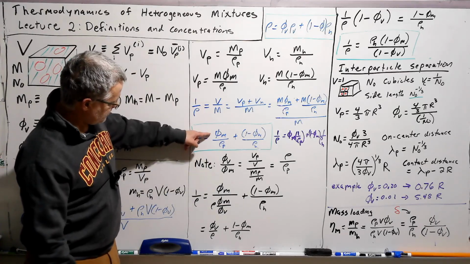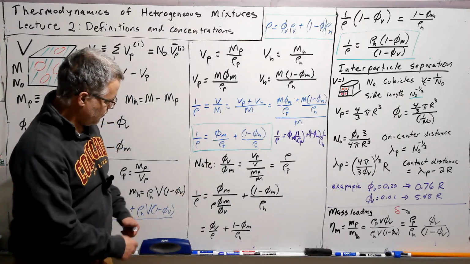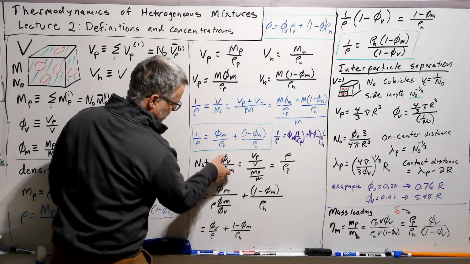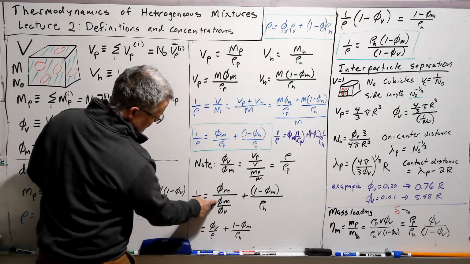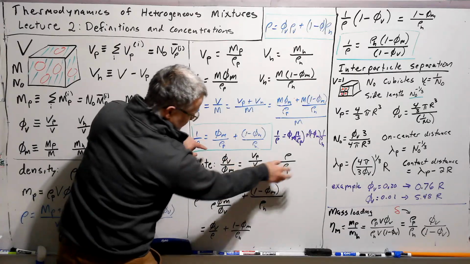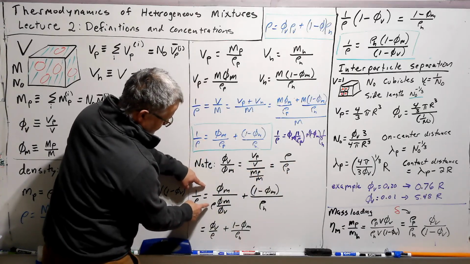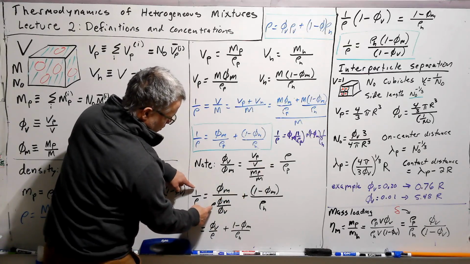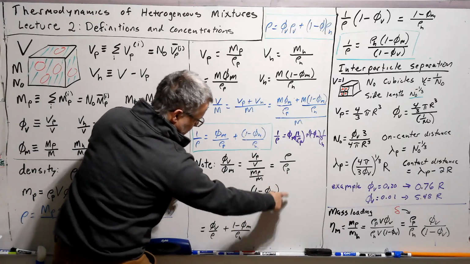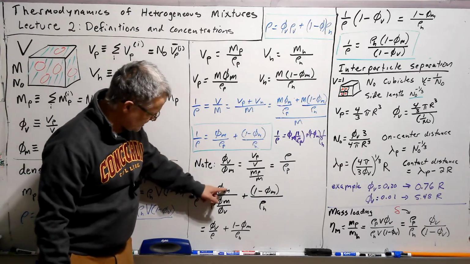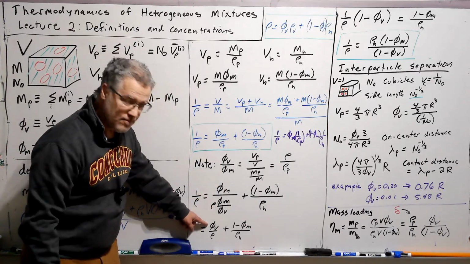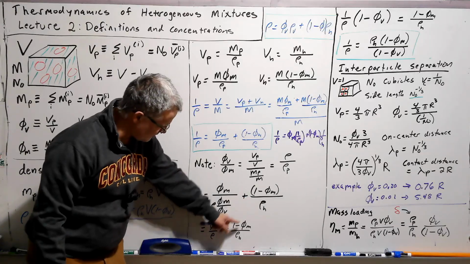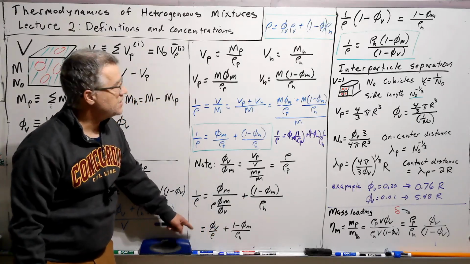So we're going to have phi m, and we need a rho p. I'm going to take rho p over here and bring this over to the other side, so that's phi m over v, because that got flipped to the other side. And then the total rho, and we're just going to leave this alone. I get some cancellation of the mass percent, and I get this term that just comes along for the ride.